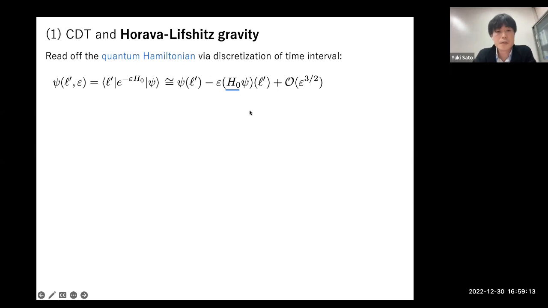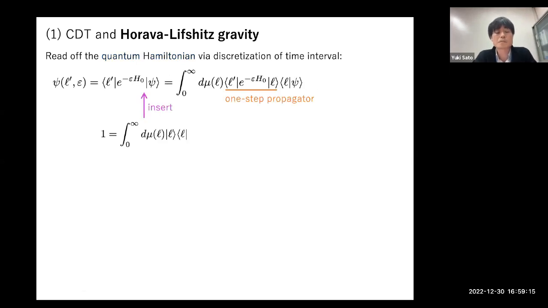To do that, first we insert the completeness relation, this one, unity, right here. If you do that, this portion can be written like this. And this matrix element underlined with an orange line is the one-step propagator.